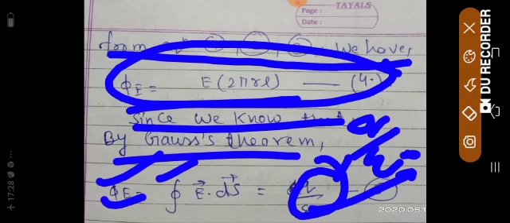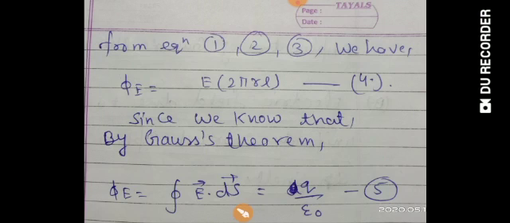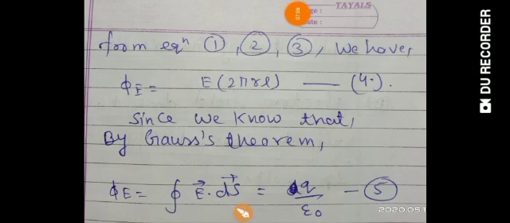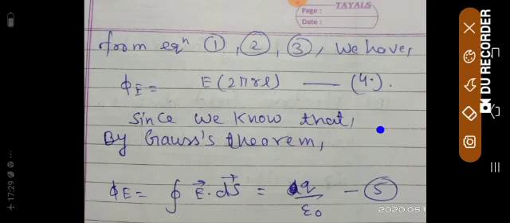Epsilon naught is the electrical permittivity, and q is the charge inside the Gaussian surface. So this is your equation number 5. For phi we have the value from 4, and q I will explain later.